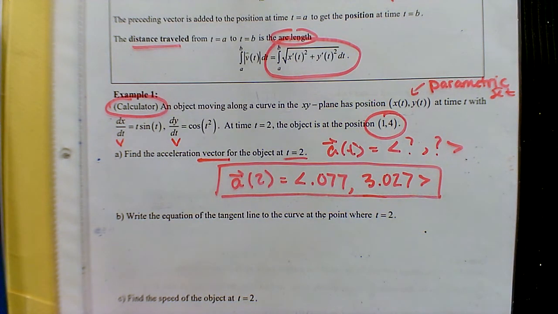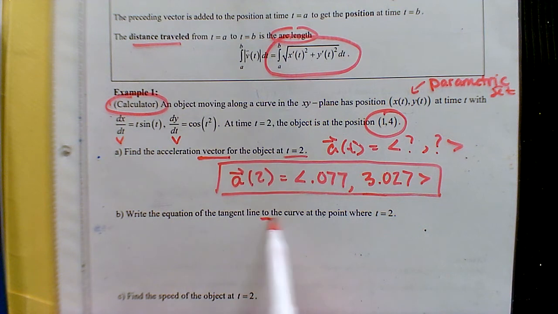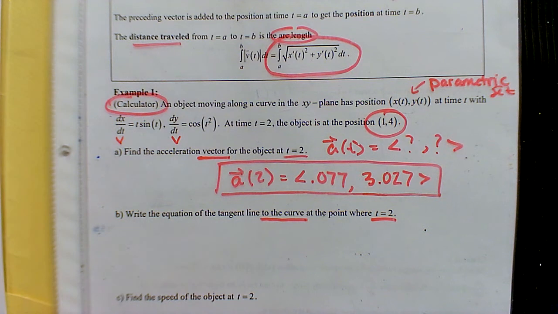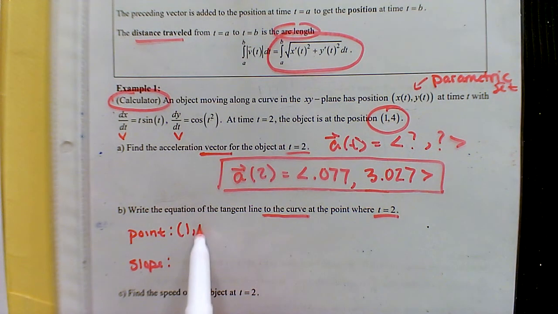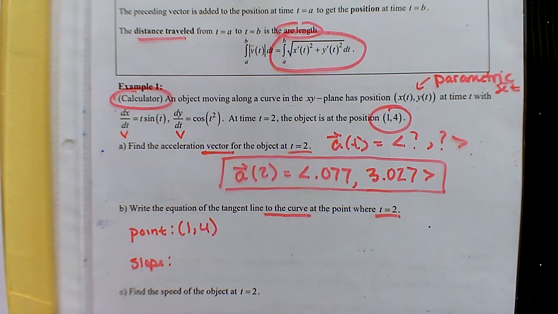Write the equation of a tangent line to the curve at the point 2. What do we know? What do we need to know to write the equation of a tangent line? A point and a slope. All right. So at time 2, do we know what the point is? 1, 4. They gave it to us at the top. All right.